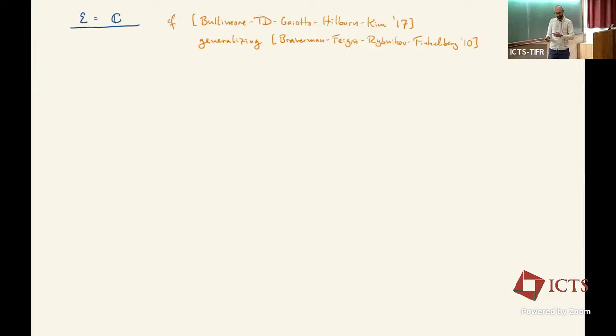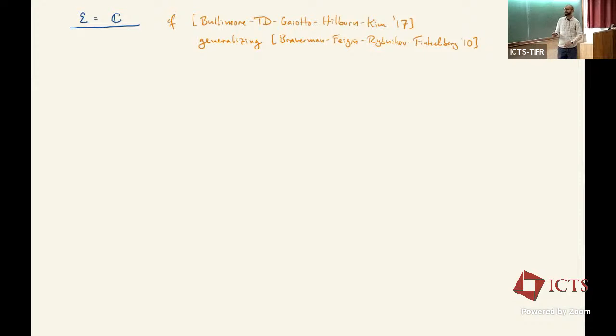A sort of even, in some ways, simpler version of the story involves taking the surface to just be C, non-compact. And that's a story I developed with Matt Bullimore, Davide Gaiotto, Justin Hilburn, and Heeyeon Kim, that generalizes a mathematical result that was not initially related to 3D gauge theories or Coulomb branches or anything like that.